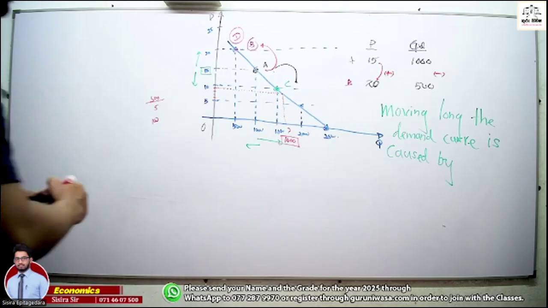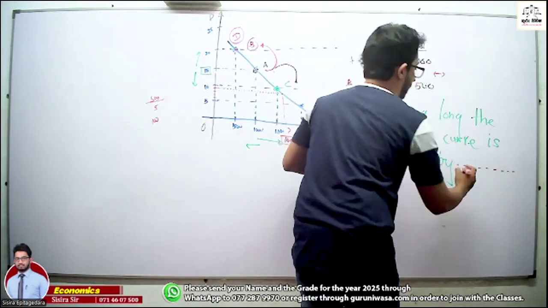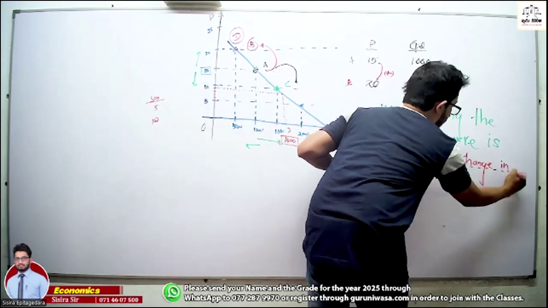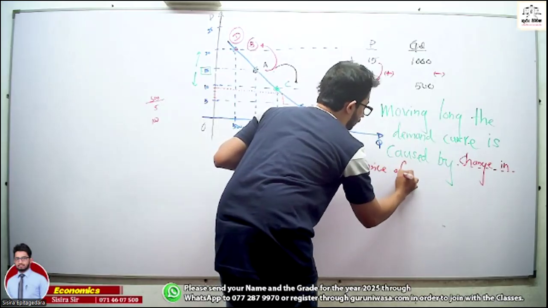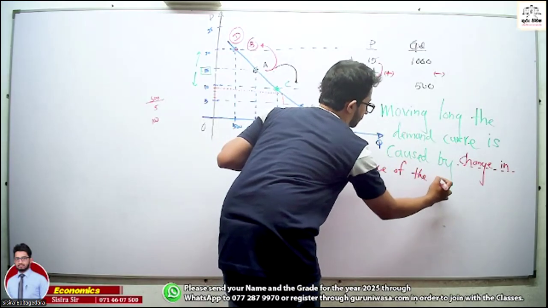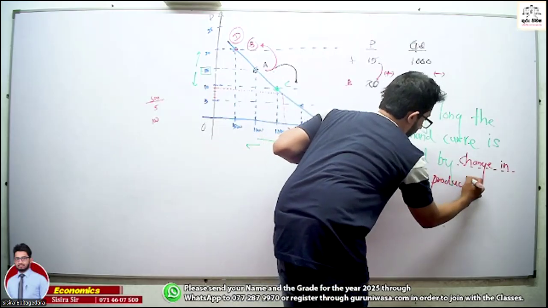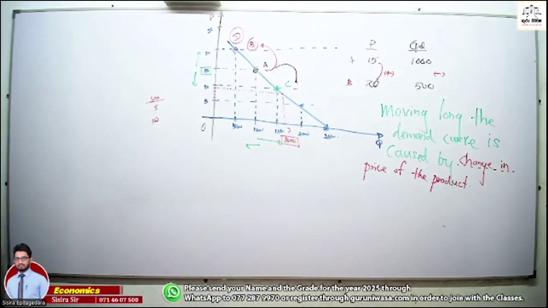What is the reason? Moving along the demand curve is caused by change in price of the product. Right? Actually, this is a summary of the lesson. This is called points moving along the demand curve.